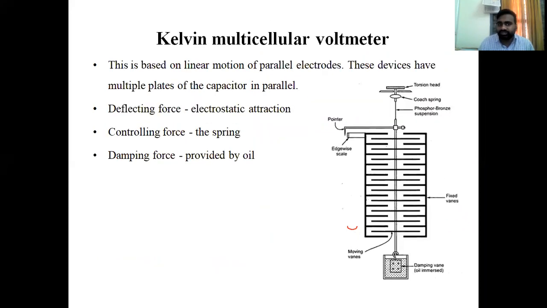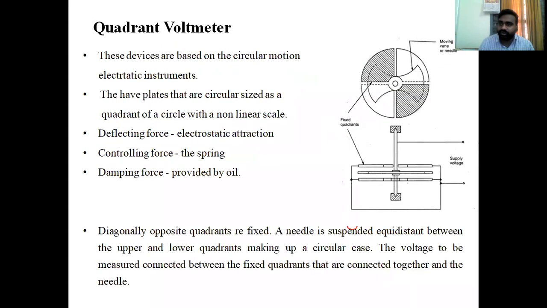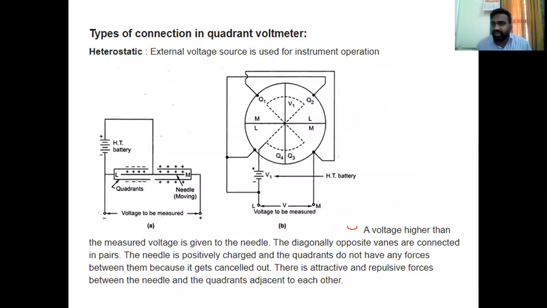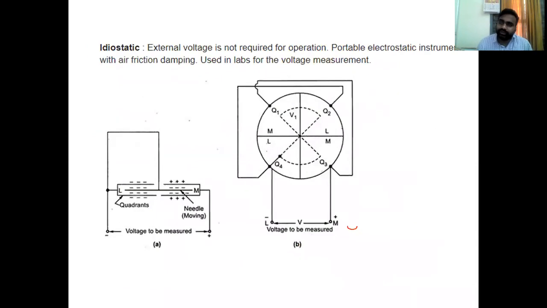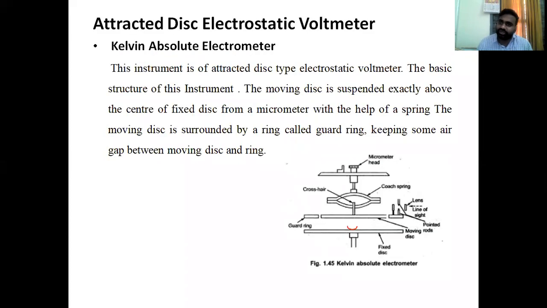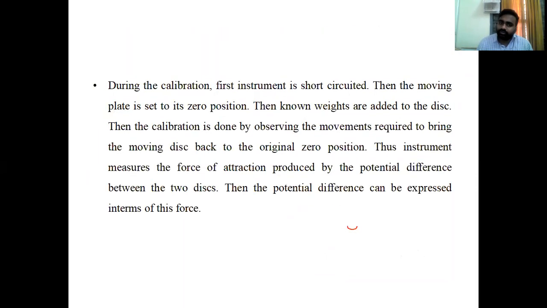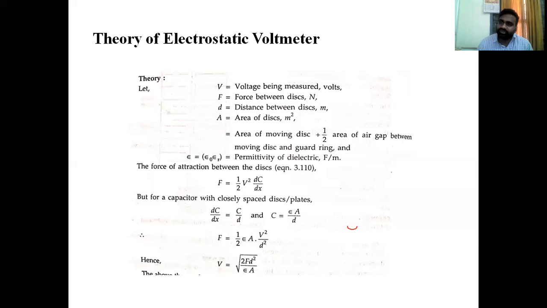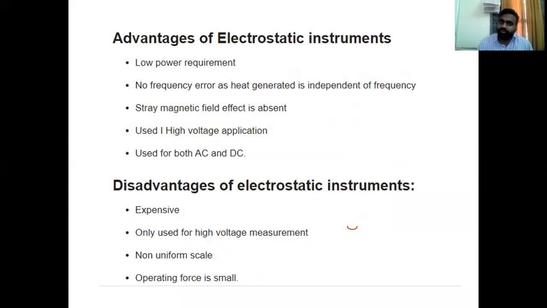We analyzed the operation and construction of the Kelvin multicellular voltmeter. We saw the quadrant voltmeter and its classifications, the heterostatic type and the idiostatic type. We saw the attracted disc type electrostatic voltmeter, that is the Kelvin electrostatic voltmeter, and discussed the voltage expression for the electrostatic voltmeter. We analyzed various advantages and disadvantages.